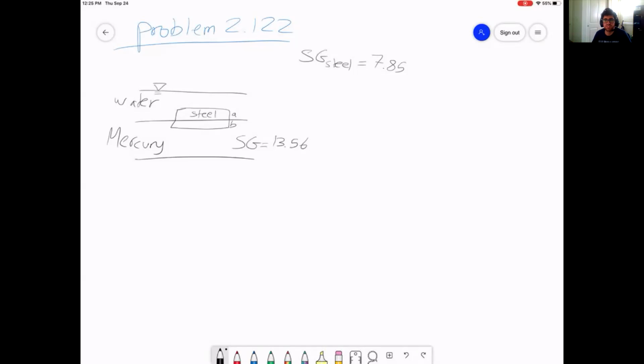How would you guys approach this problem? I was thinking that since the steel is submerged in both the water and the mercury, there'd be an equal and opposite buoyant force of the water onto the steel, and that would be equivalent to the buoyant force of the mercury onto the steel. Not quite.